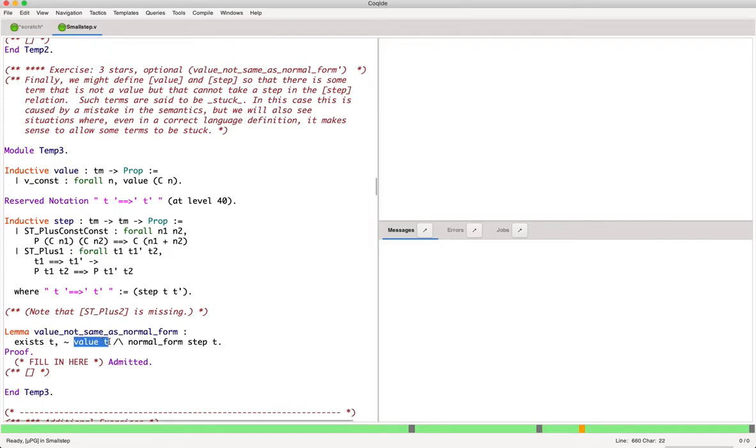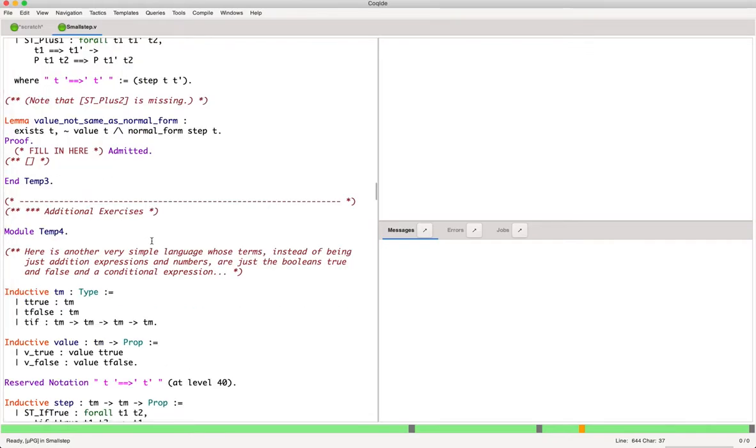In other words, they're not constants, but they're also normal forms of this relation, because you can get to a point where in the original definition we would want to use the plus 2 step to make some progress, but because plus 2 doesn't exist, we can't use it, and the other two don't apply in the same circumstances as plus 2, so we can't make any steps, which means that the term is a normal form, but it's still a plus, and that's not a value according to this definition.